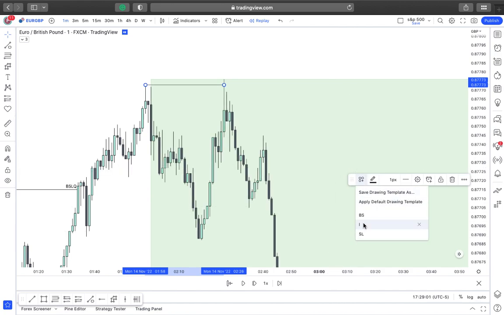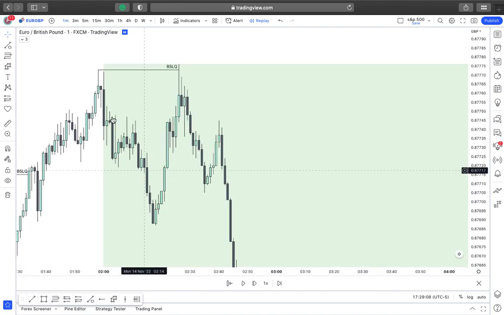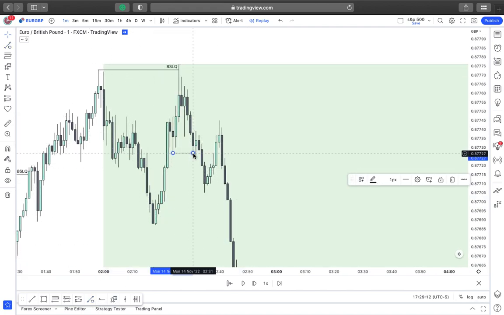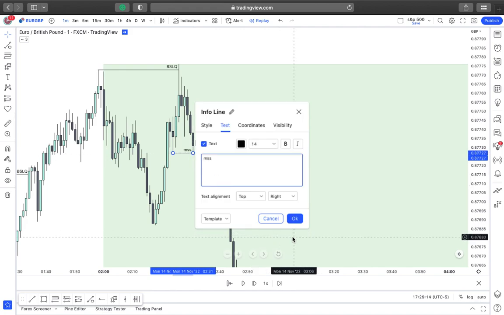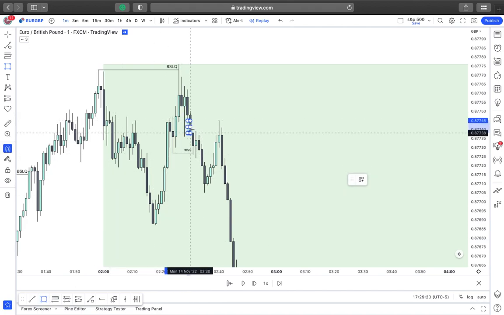As this was the liquidity point, we will be waiting for this to be swept and then wait for our entries. Now after this high, we have this low that was broken over here, and we have a fair value gap for our entry.